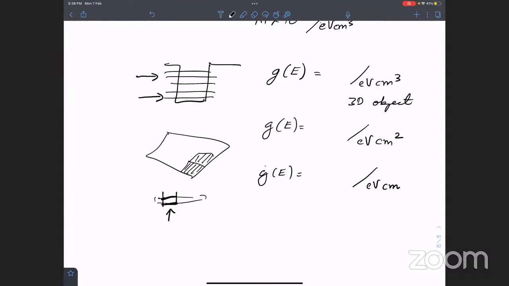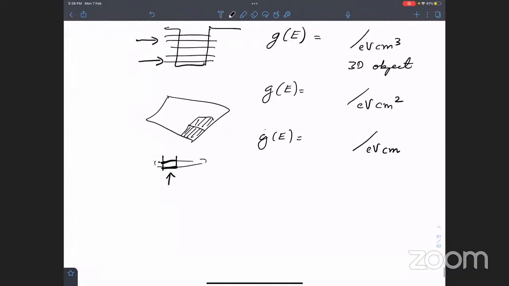At any given energy, in this little portion, in a very small band of energies around that particular energy. For example, if I tell you 1 electron volt, maybe you will consider 0.99 electron volt to 1.01 electron volt. How many allowed states are there in that window? And that window you take to 0 basically, right?